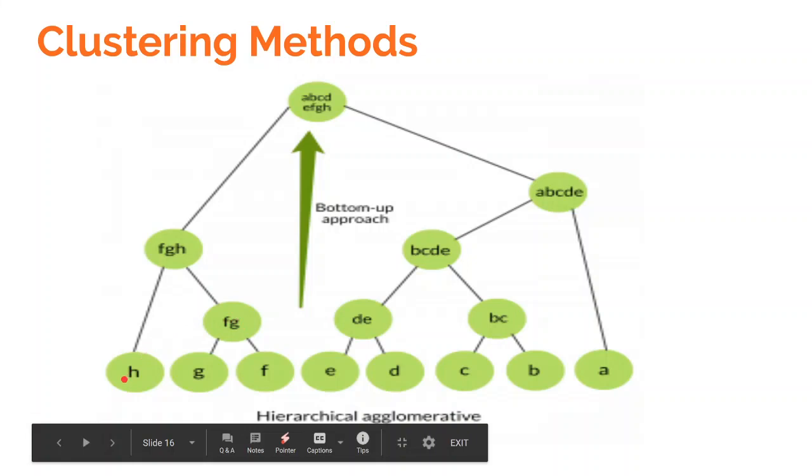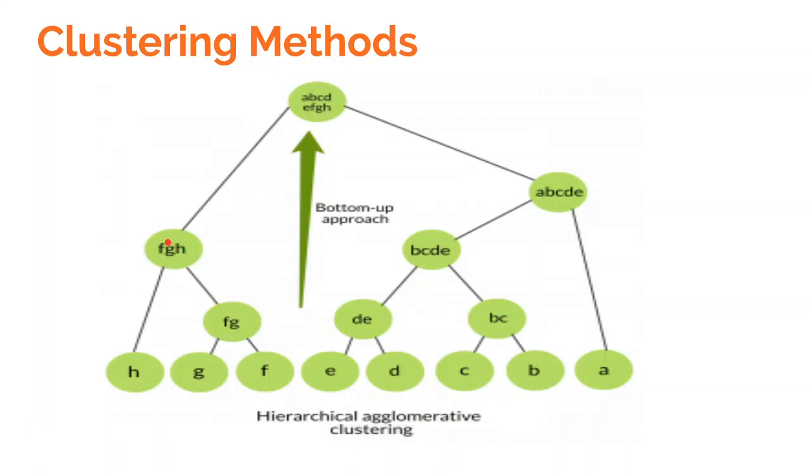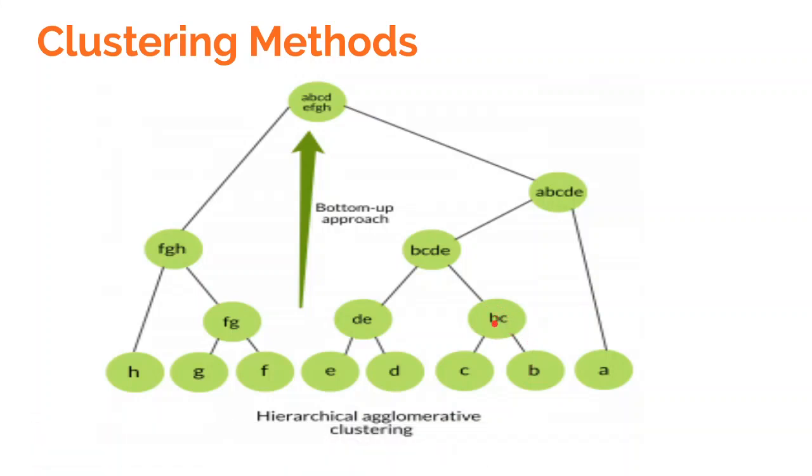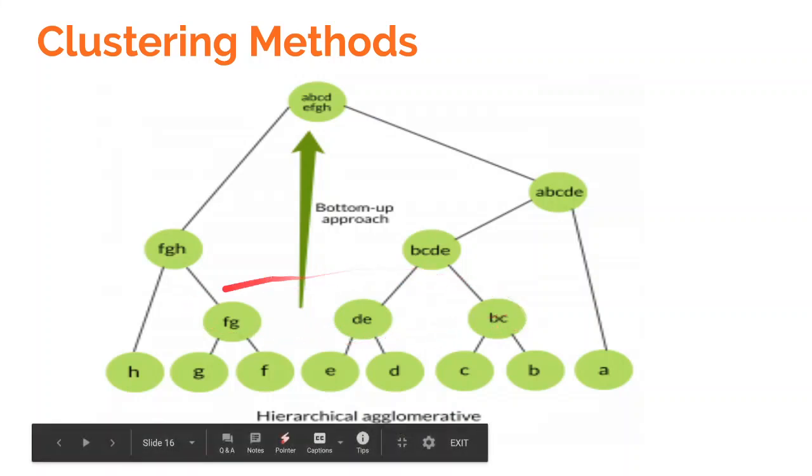And H and FG both merge into one single cluster, known as FGH cluster. Similarly, these two clusters E and D merge into one cluster, that is DE. Likewise, C and B also merge into one cluster, BC. So, this FG, DE and BC are now similar groups of clusters.